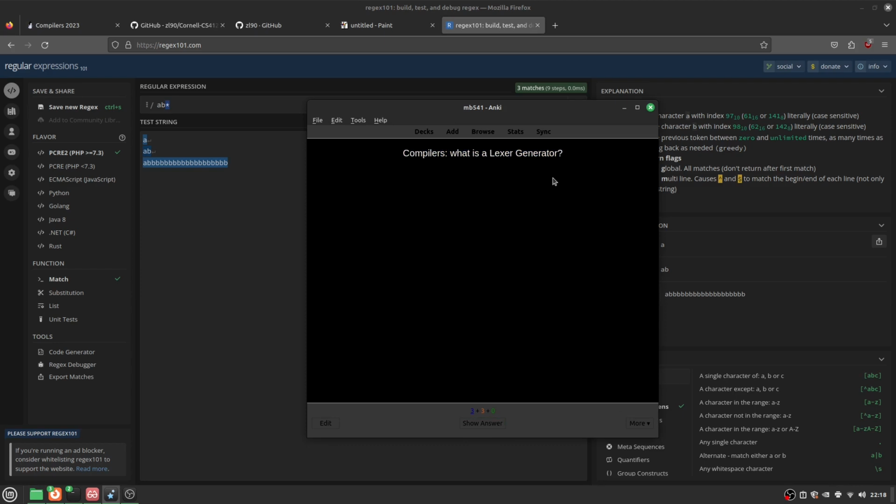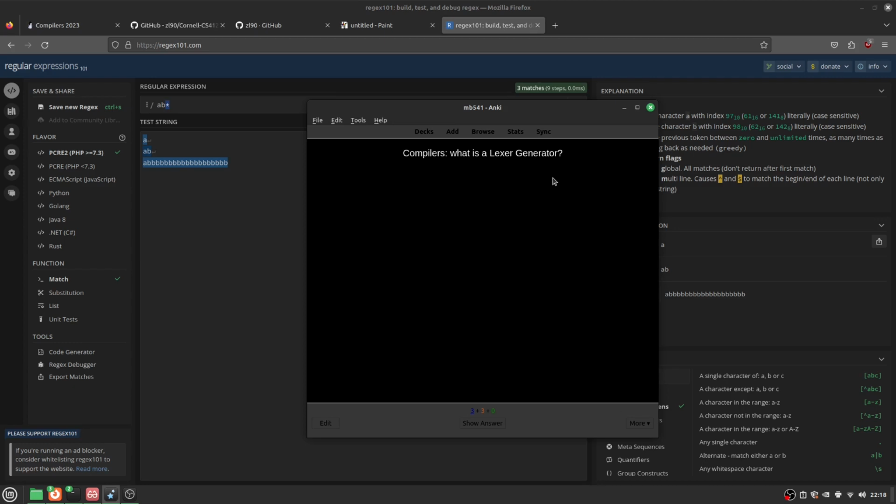Where's lexer generator? Okay, so lexer generator is a program that you essentially give regular expressions as a language definition.